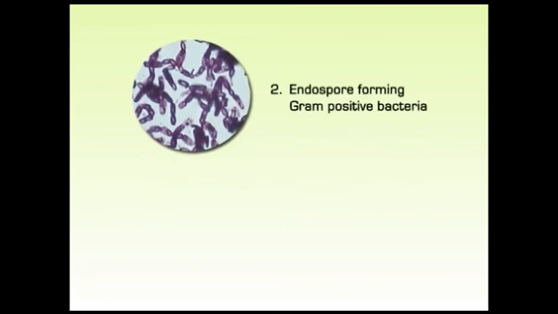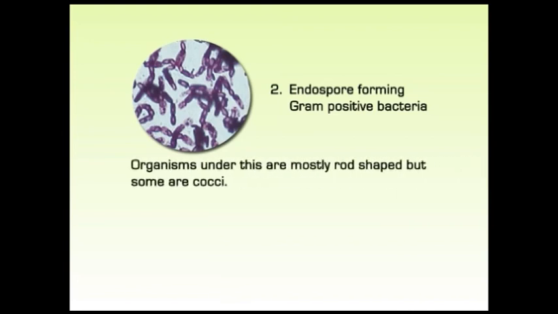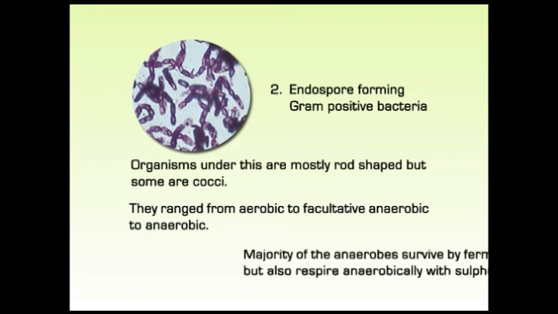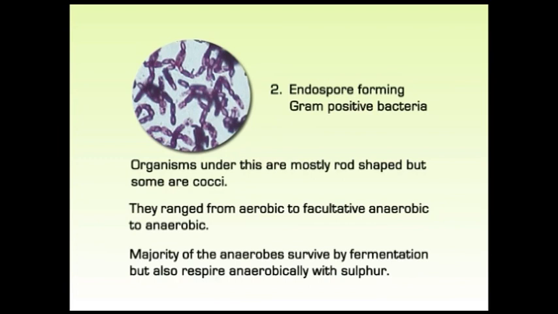The second one is endospore-forming gram-positive bacteria. Organisms under this group are mostly rod-shaped, but some are cocci. They range from aerobic to facultative anaerobic to anaerobic. The majority of the anaerobes survive by fermentation but also respire anaerobically with sulfur.